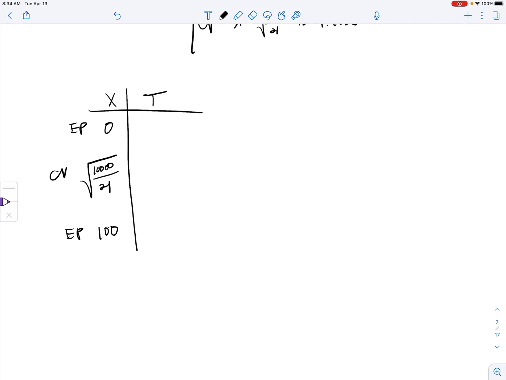And this would be a good time to store that critical value on your calculator, so that when you're typing into the time equation, you're not having to type in the square root of 10,000 over 21, which I'm sure simplifies a bit. So I'm typing that exact value in. I hit the store button, the button right above the on button, and then alpha, pick a letter.